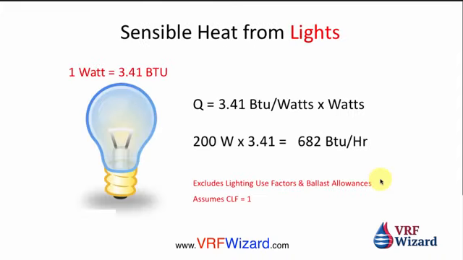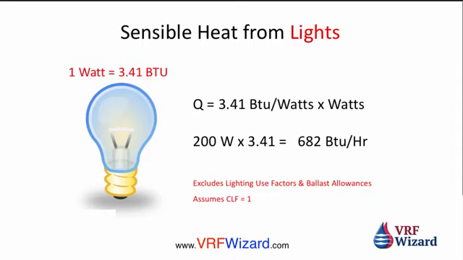So sensible heat from the lights. So basically 1 watt is equal to 3.41 BTUs. So we're not going to figure out usage factors, ballast allowances, and we're going to assume the CLF is 1 for now.